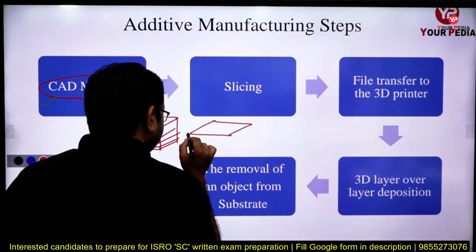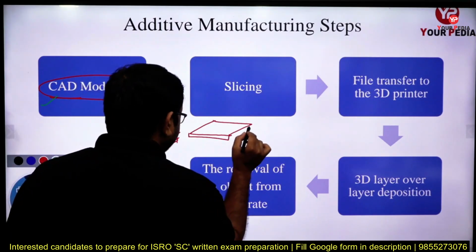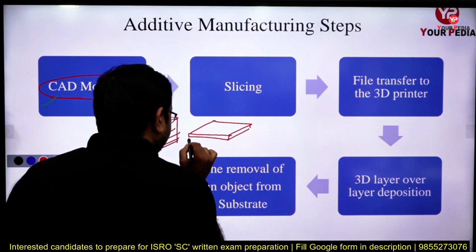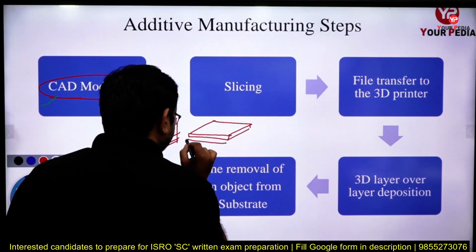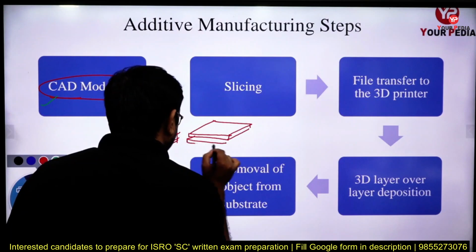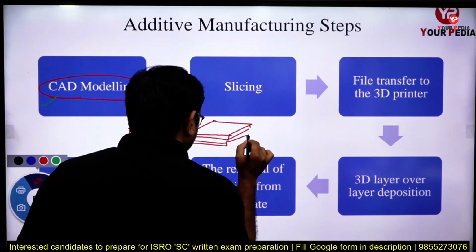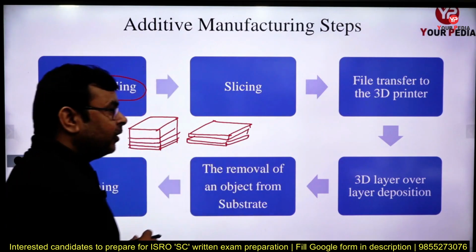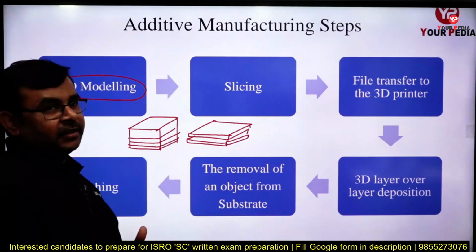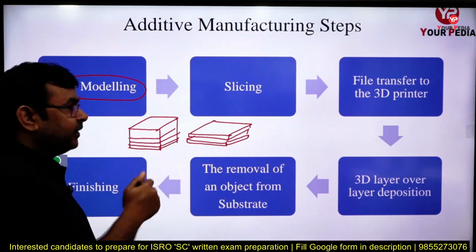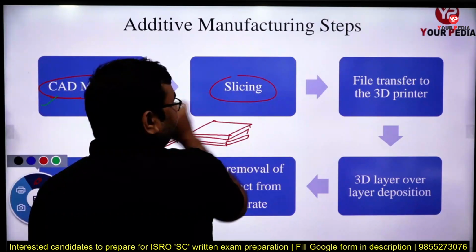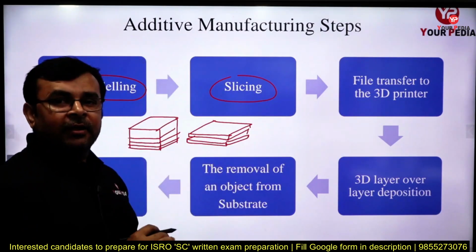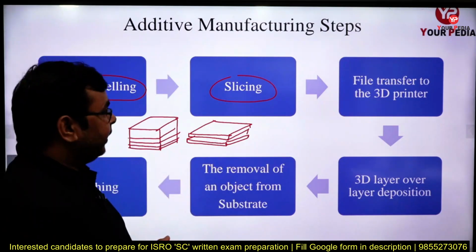This is one slice, it has some thickness, and this is another slice. Similarly the whole object may be sliced layer by layer. This is called slicing, and this is a very important step for any additive manufacturing technology.